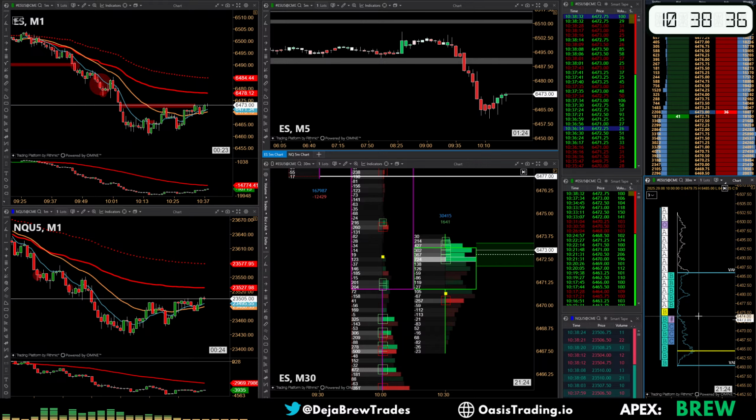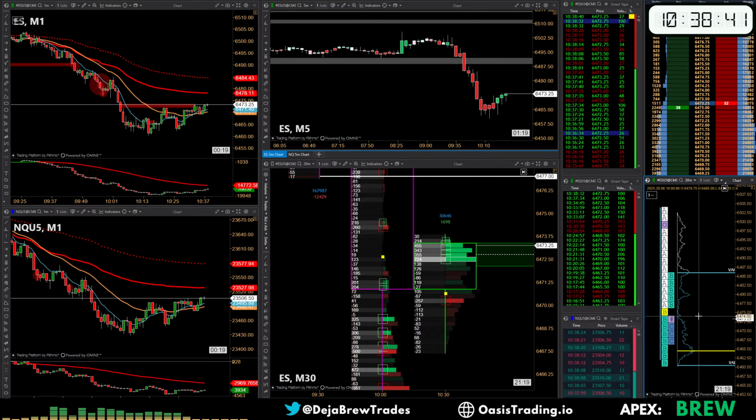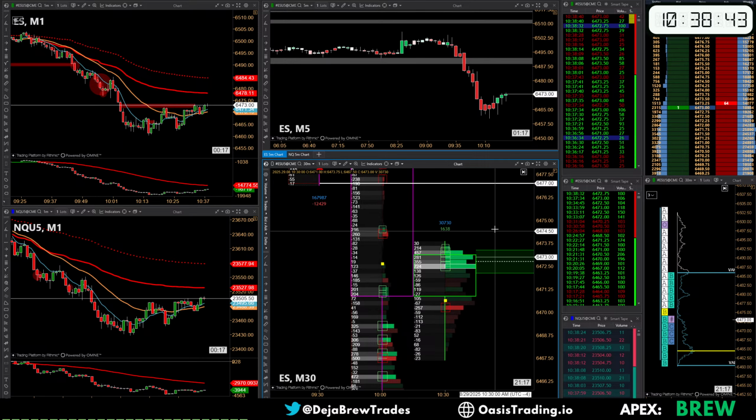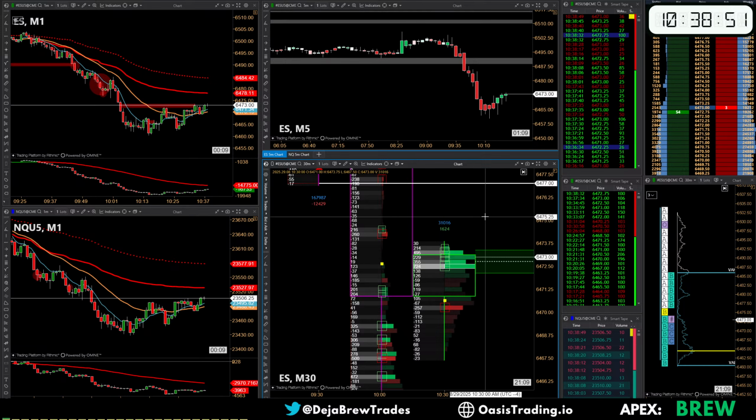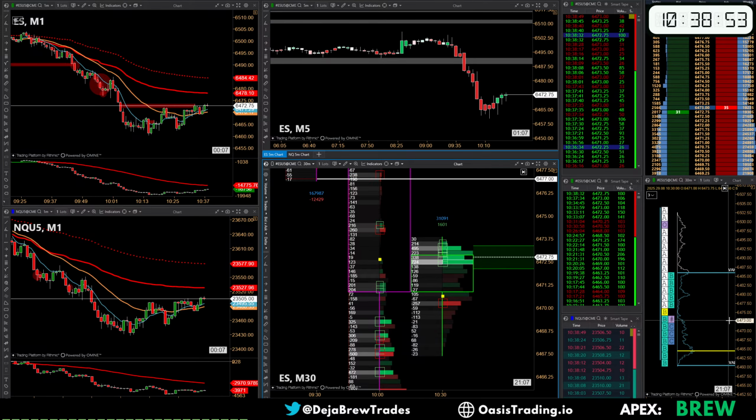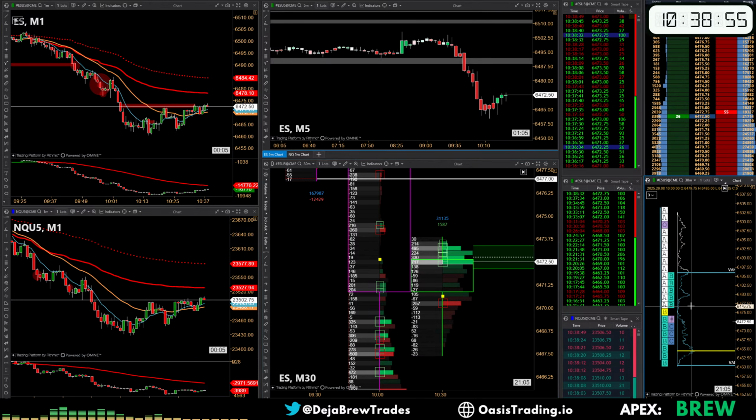Sometimes I front run by like 4 points. It depends on how volatile the day is. I don't really like to be exact on those. But yes, if you're trying to be more exact, you do not want to have the wider TPOs. You want to have the tighter ones. But I like front running, so I like to have them more consolidated.